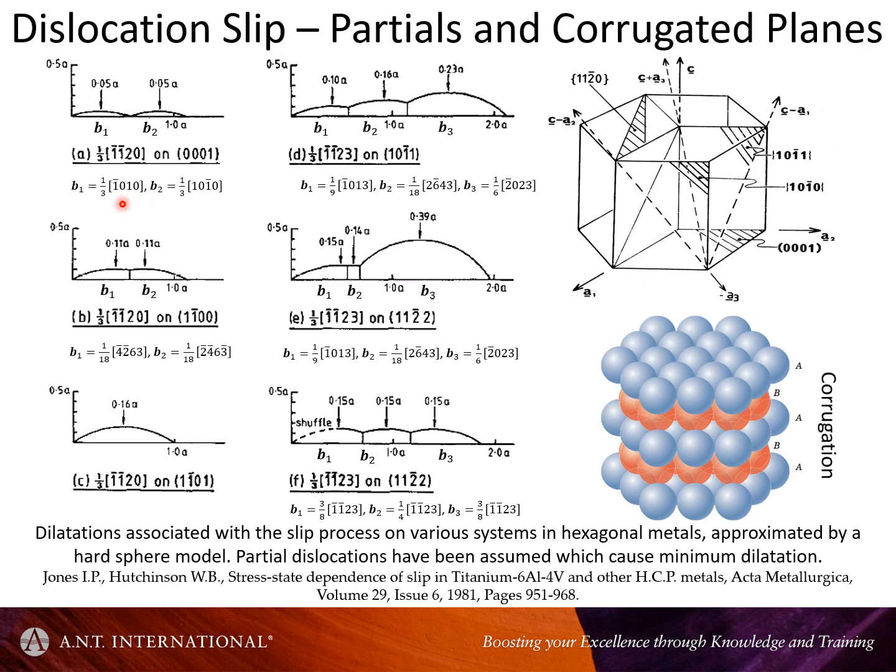In FCC, these partials would basically be what's known as the Shockley partials, and that is 1/6 <11-2>, and here the partials, which are equivalent to the Shockley partials, are of the 1/2 <10-10> type. An interesting feature of slip in zirconium, if you're slipping in the A direction, let's say the A2 direction here, is that if you're slipping on other planes, these intermediate positions that you get that are equivalent to an FCC don't exist.